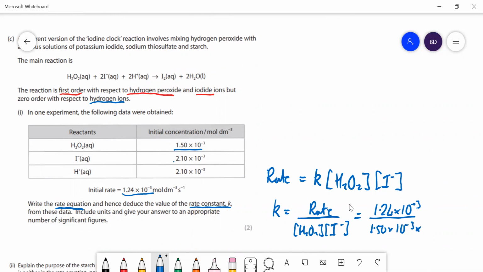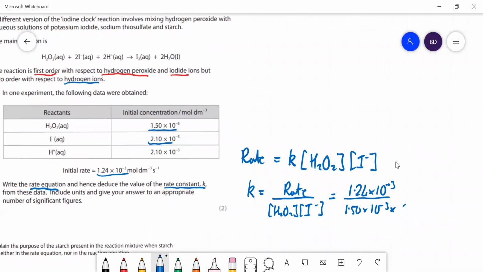And iodide concentration, 2.1 times 10 to the minus 3. Put the numbers into the calculator, we get an answer of 393.6. Now we'll think about the significant figures.